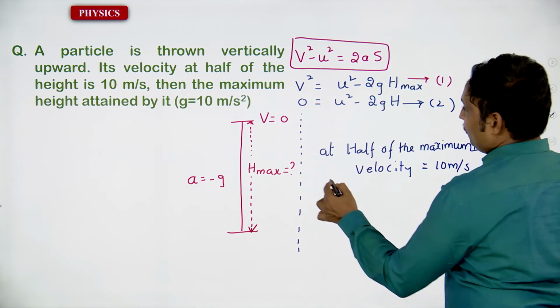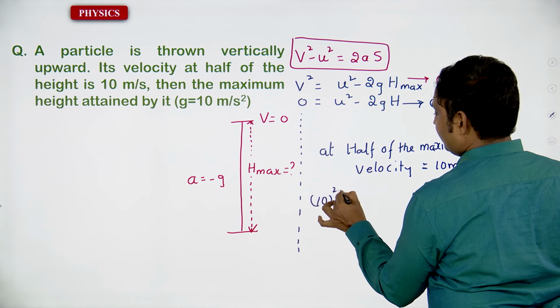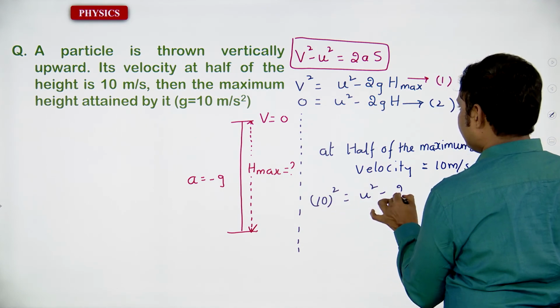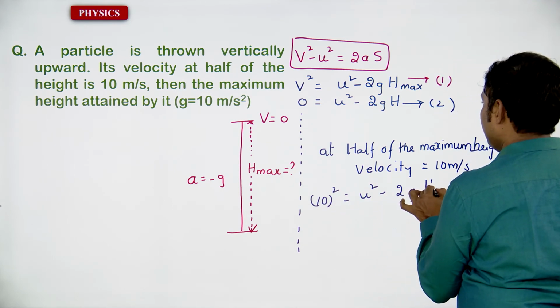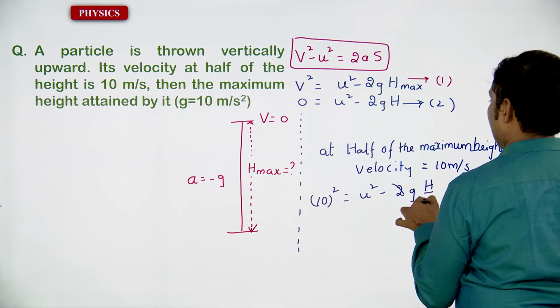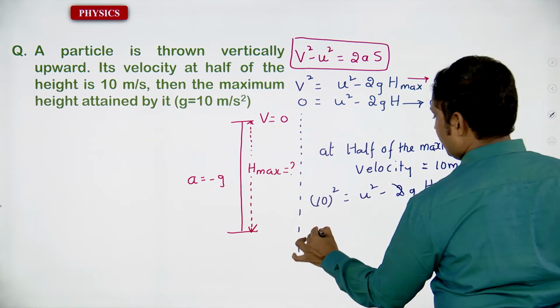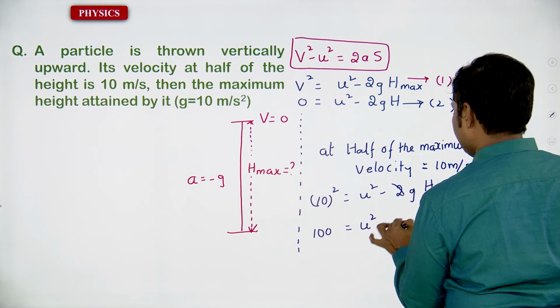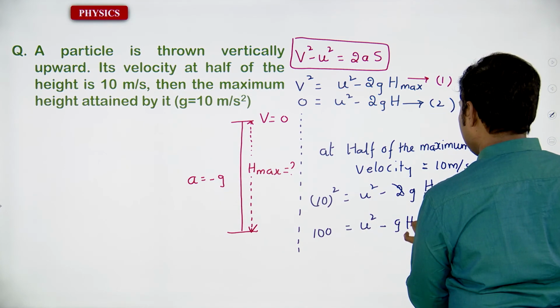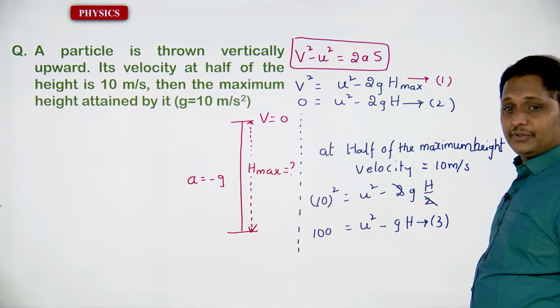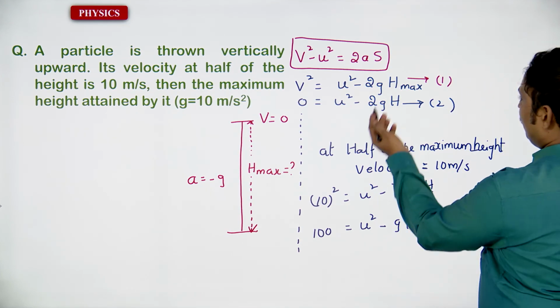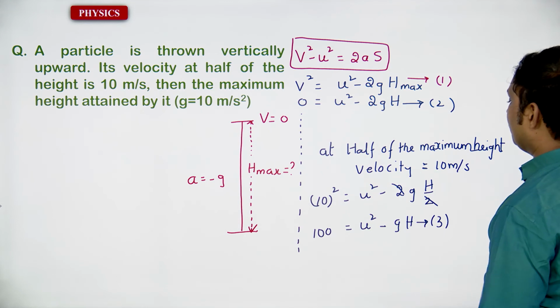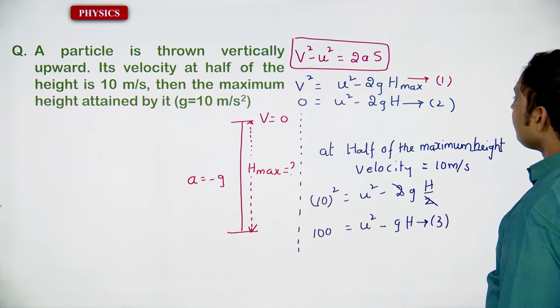All right. You can take that 10 square is equal to u square minus 2g into h by 2. All right, it's very clear. Therefore, 100 is equal to u square minus gh. This is equation number 3. All right, you are getting this one. You can go for these two equations, you can solve the problem. It's very clear. Right.